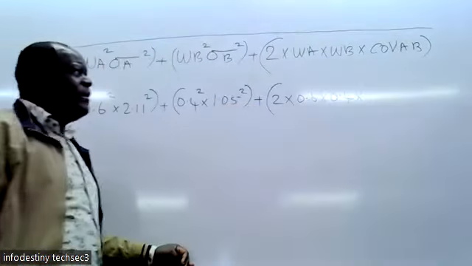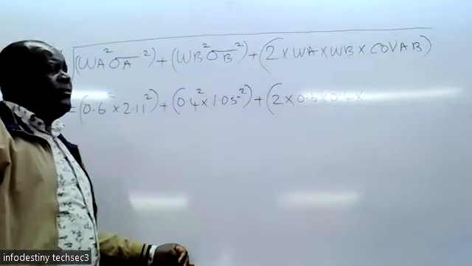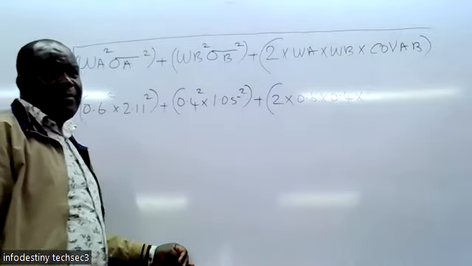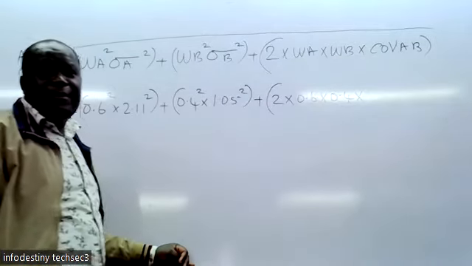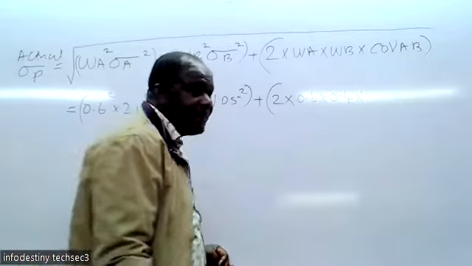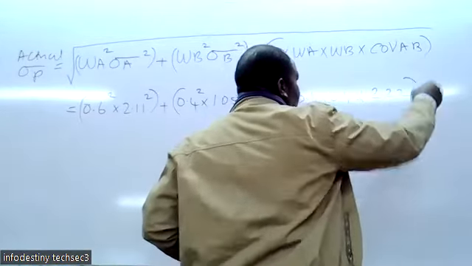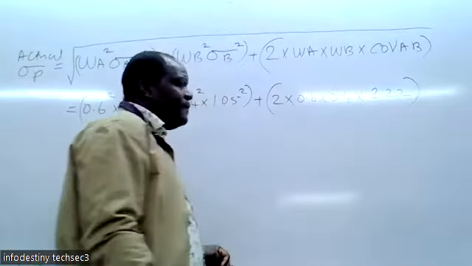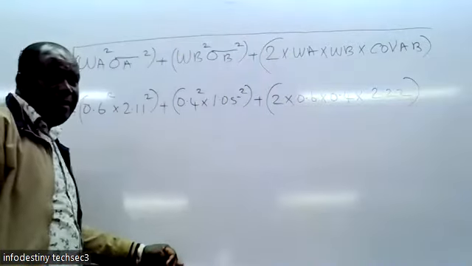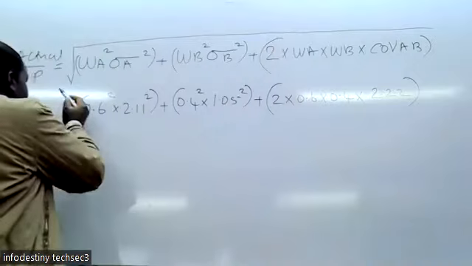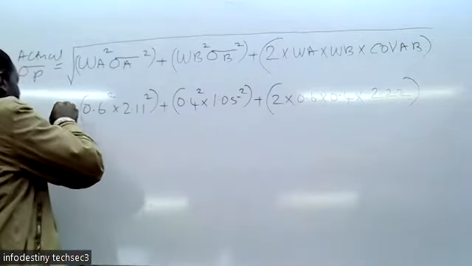Then remember the covariance between A and B? It was 2.22. And you will now get the square root.